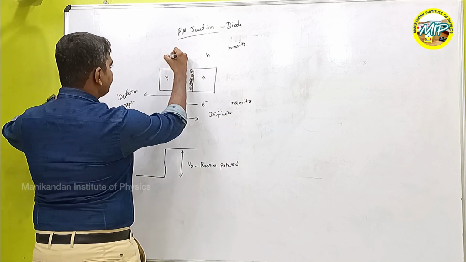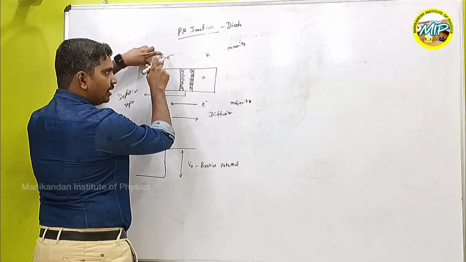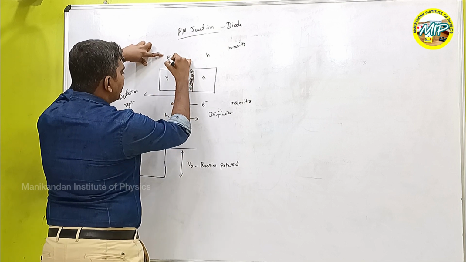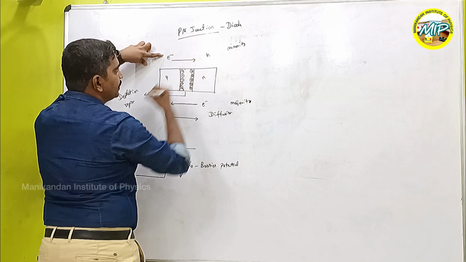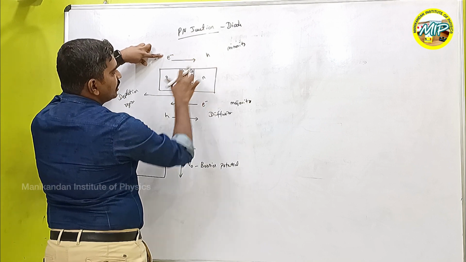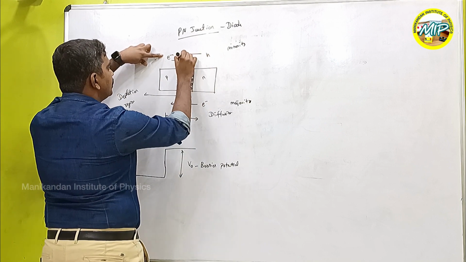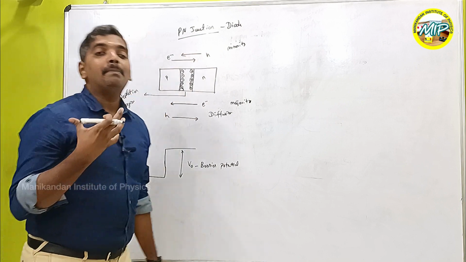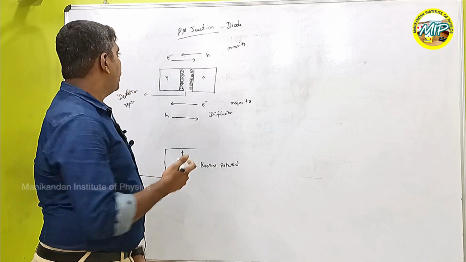The electrons here are the minority carriers. They are attracted by this positive charge and move from here to here, and these holes are attracted by this negative charge and drift from here to here. So this is the motion of the minority carriers. This is called the drift.